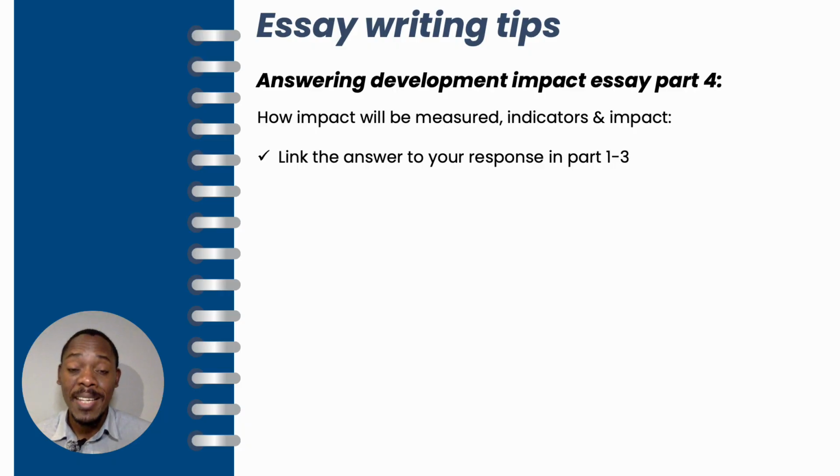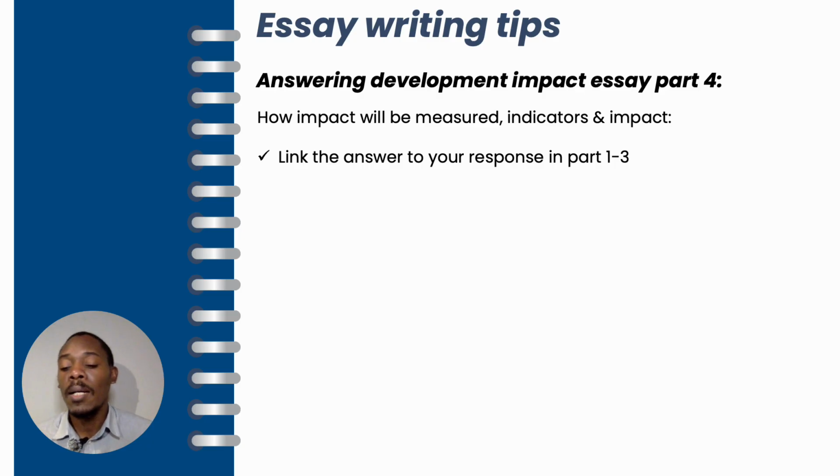Remember, this is one essay, but it is just in 4 parts. So it should not be written more like an essay on its own. It should relate to all the parts. In fact, all 4 parts of the essay should be related somehow, because it's one essay about development and you are just splitting it into parts because of how the question is.